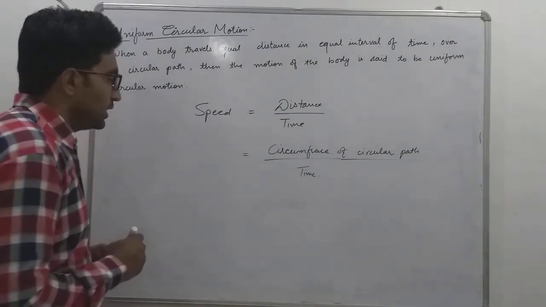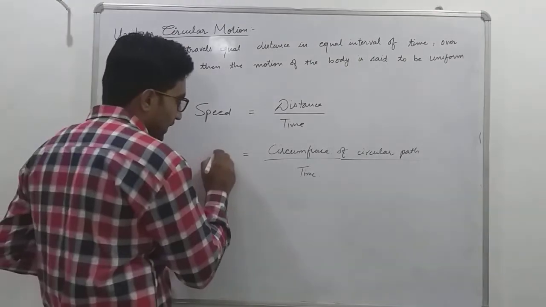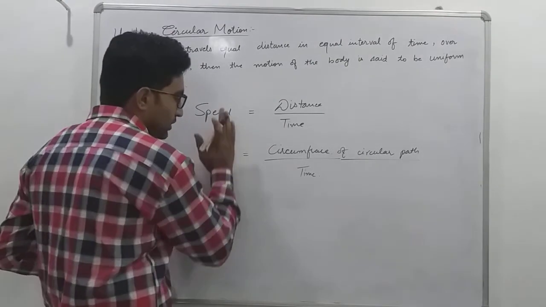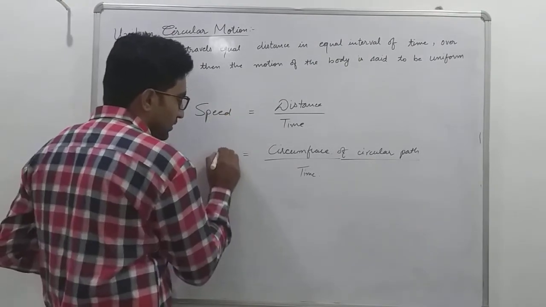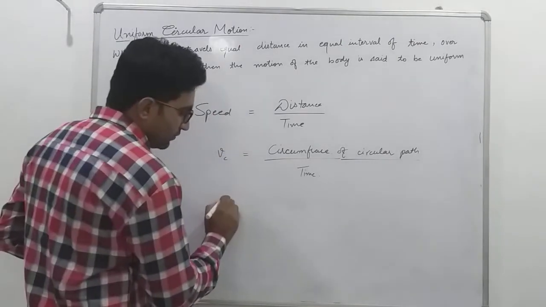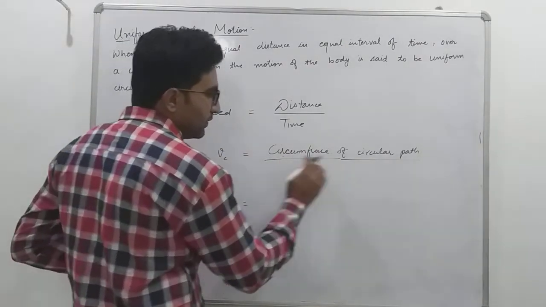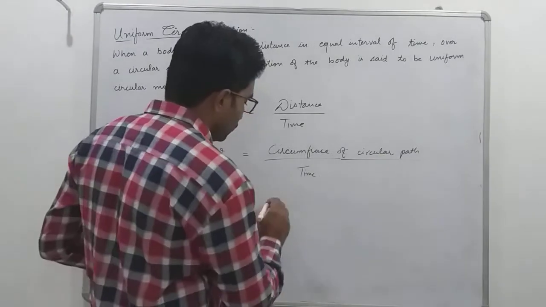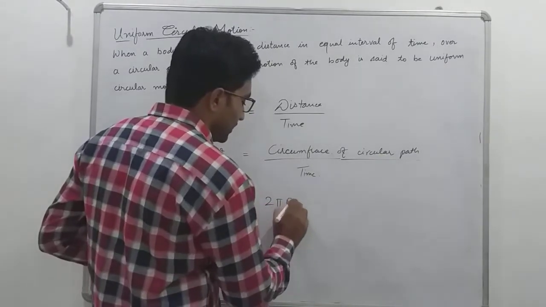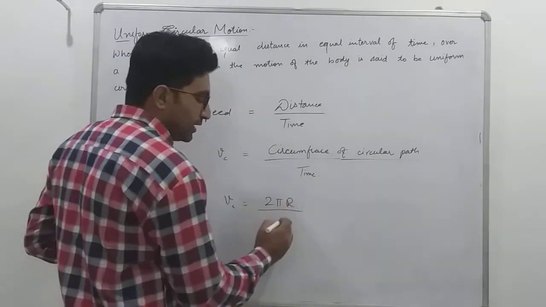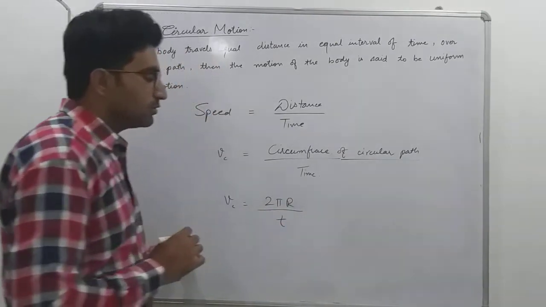Okay, so if you are finding the speed, it can be represented by v, or Vc for circular motion. Then Vc will be equal to the circumference of the circular path, which is 2 pi times the radius, divided by time taken. Here the time taken can be represented by small t.